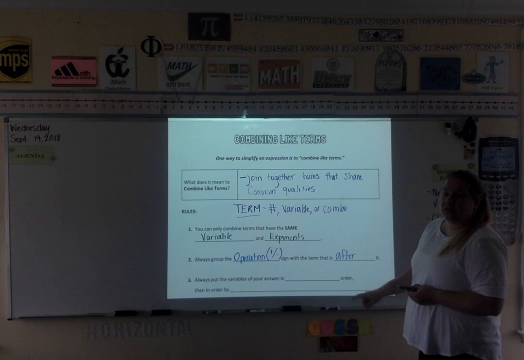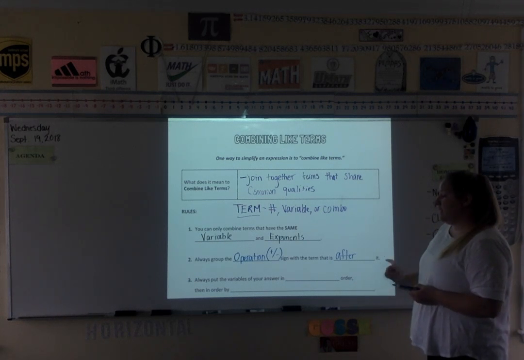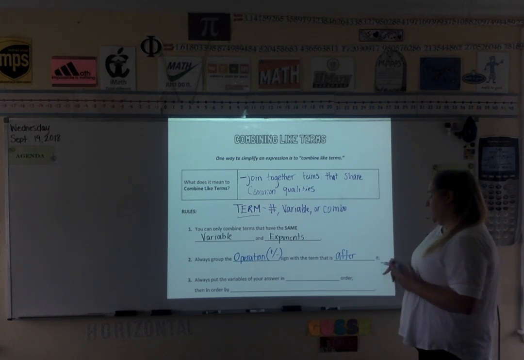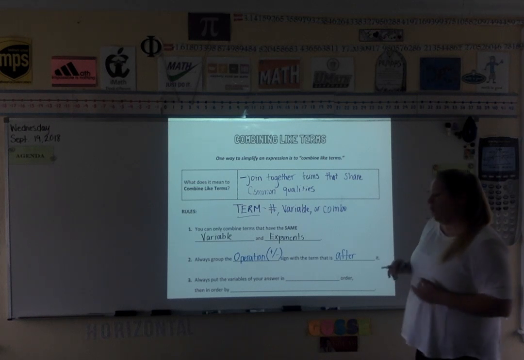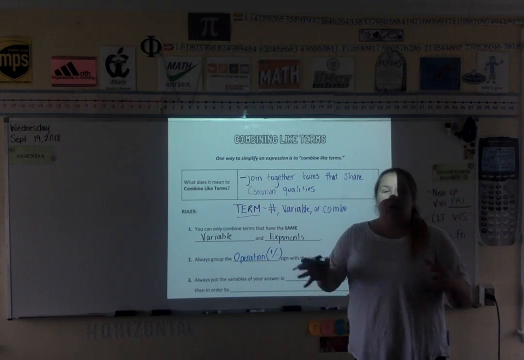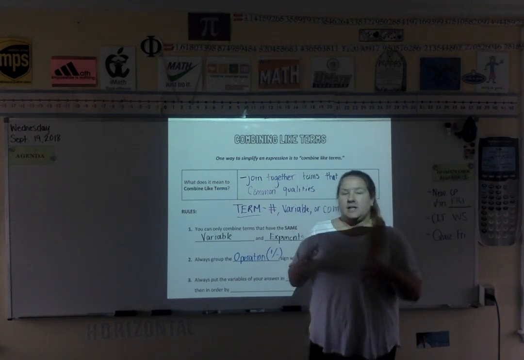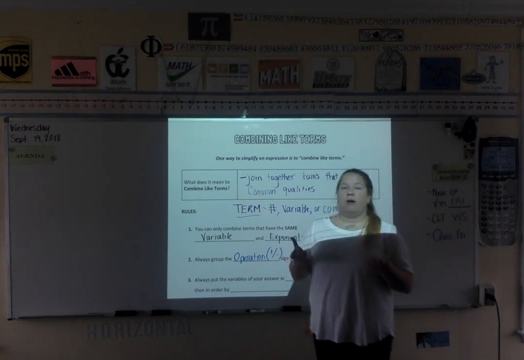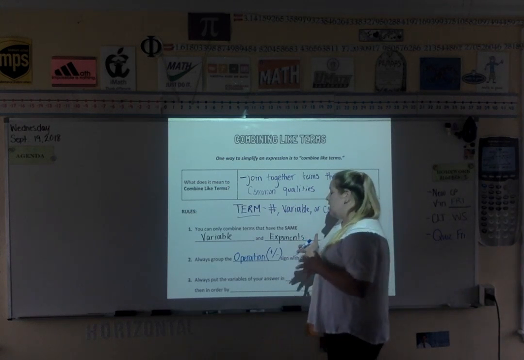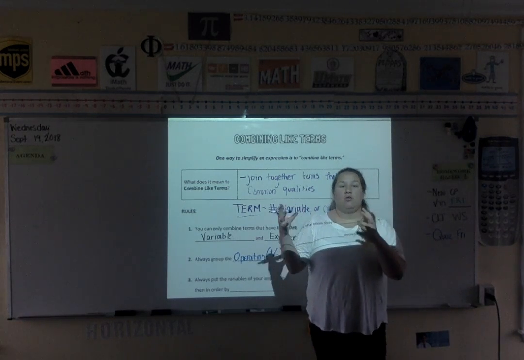All right, and then the last rule down here at the bottom, number 3, says always put the variables of your answer in blank order and then in order by blank. So what it's talking about here is when you write an answer for an expression that you've simplified, or combined like terms, you have to put them in a certain order.